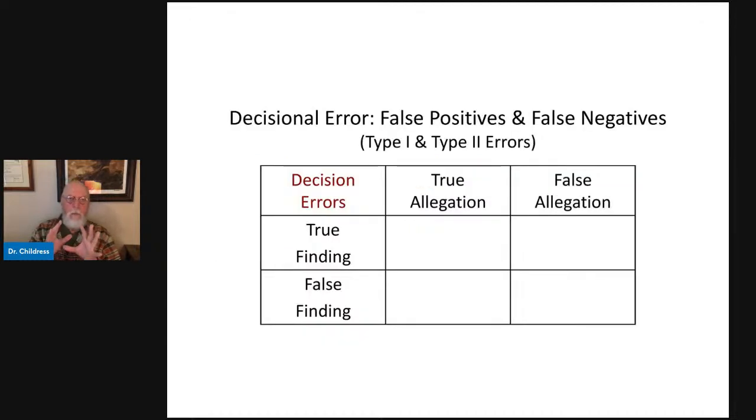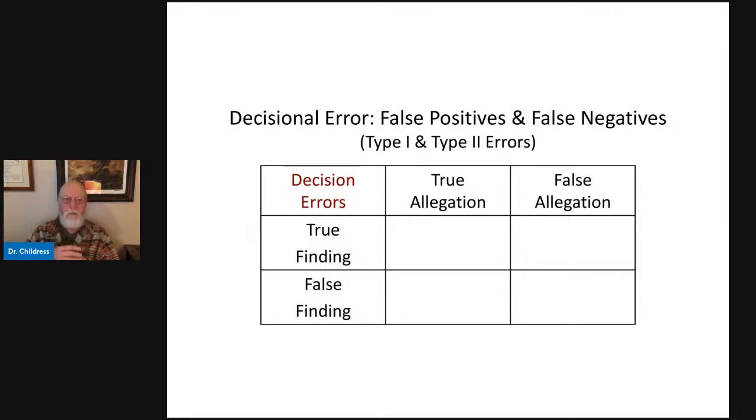So now in making these decisions about whether or not it's child abuse, the danger is we're going to make a wrong decision. And that has to do with decisional error. It's type 1 and type 2 errors, as it's formally described.